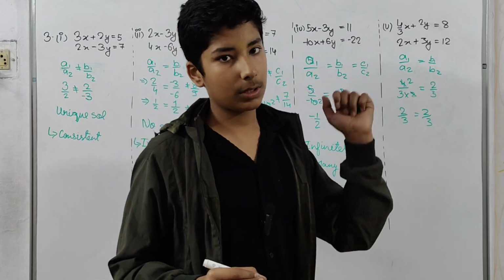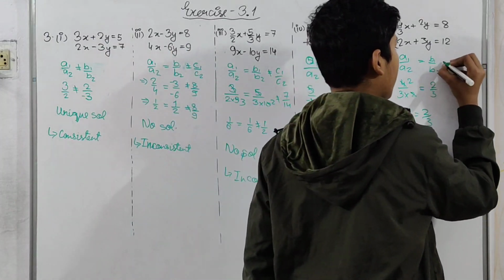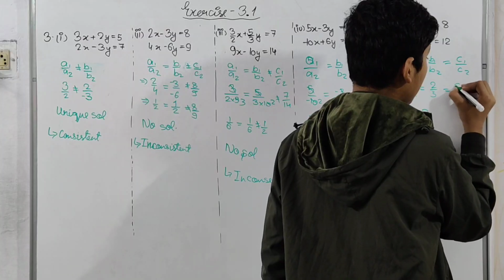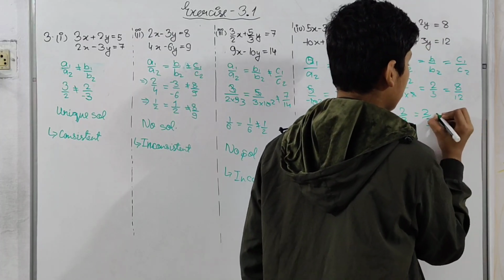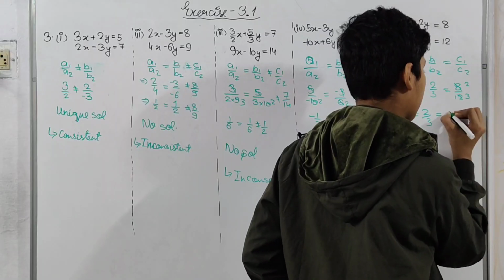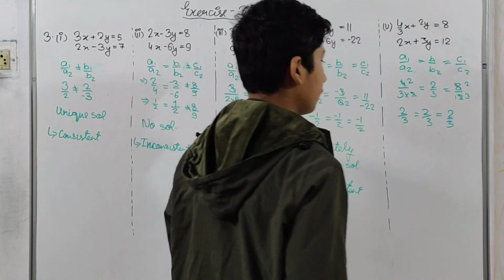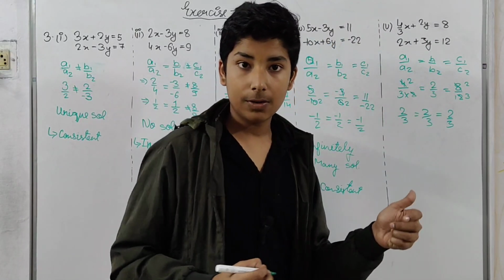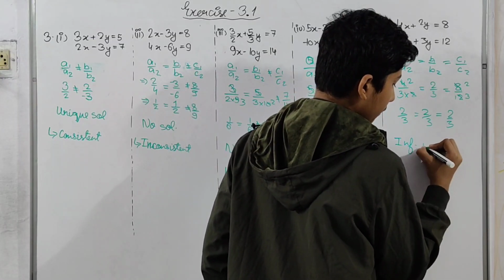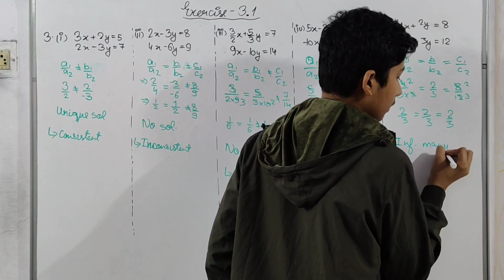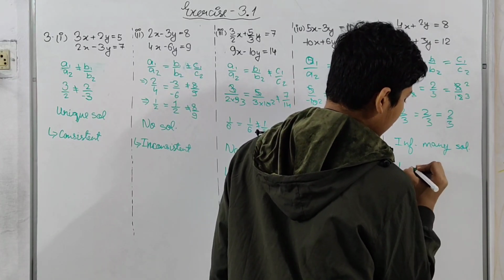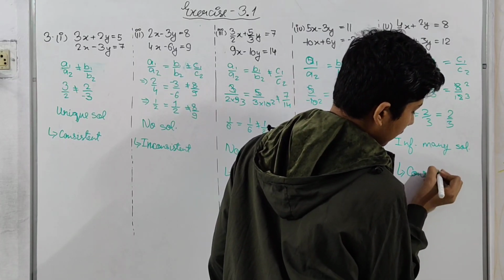Now A1 upon A2 is equal to B1 upon B2. So we'll bring up the C1 upon C2, which is 8 by 12. So 4 2 times, 4 3 times, 2 by 3. Again these all are equal. So we'll say infinitely many solutions, which is again consistent.